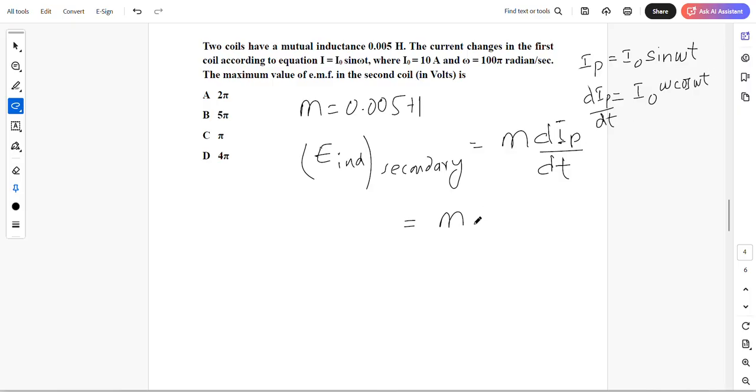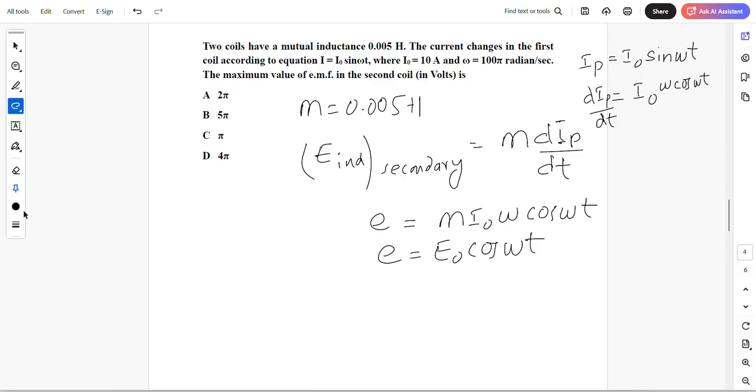Therefore, the EMF induced in the secondary is equal to M into I naught omega cos omega t. The EMF in the secondary, I will term this as E. Now here, E is equal to E naught into cos of omega t.